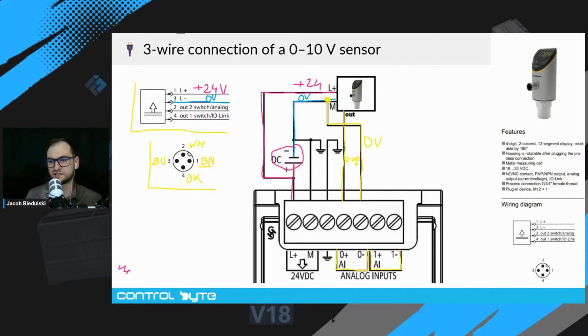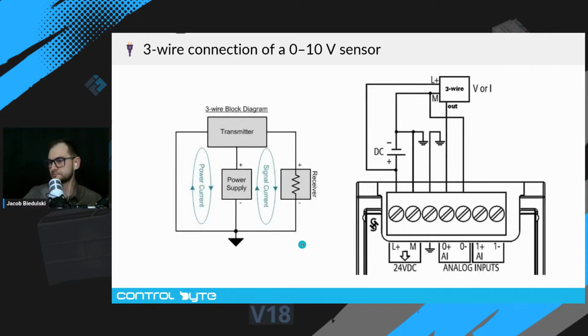Okay, so let's move to the next slide. As you can see on this schematic on the left, if we connect a 3-wire sensor to an analog module, there will be 2 loops.